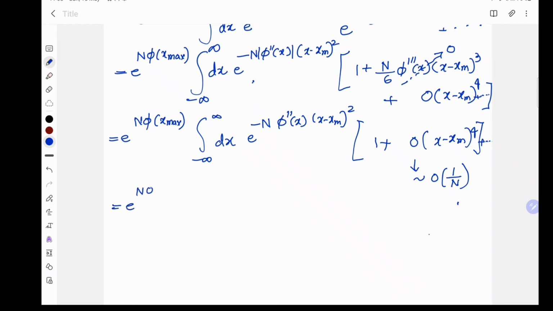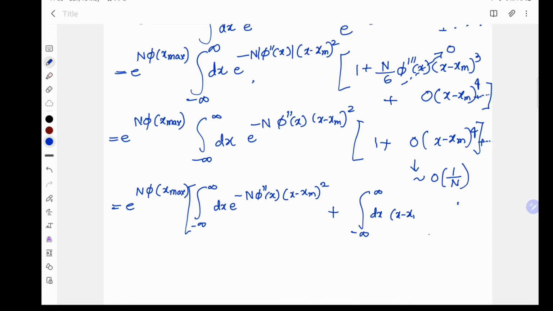The integral from minus infinity to infinity of dx e to the power n phi(x_m) e to the power minus n phi prime (x minus x_m) squared, plus the integral from minus infinity to infinity of dx (x minus x_m) to the power 4 e to the power minus n phi double prime (x minus x_m) squared, and so on.